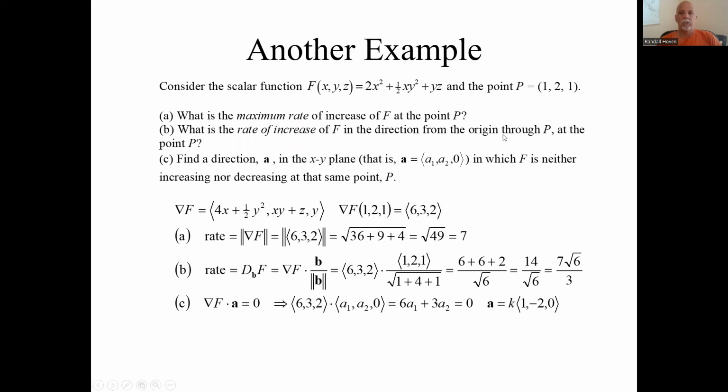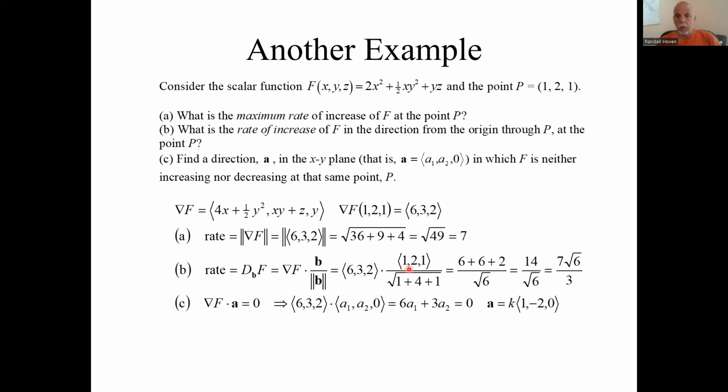What's the rate of increase from the origin through P at the point P? Well, we already had this calculated. So now all we need to do is dot it with the direction they gave us. And that's from origin through P, which just means 1, 2, 1.